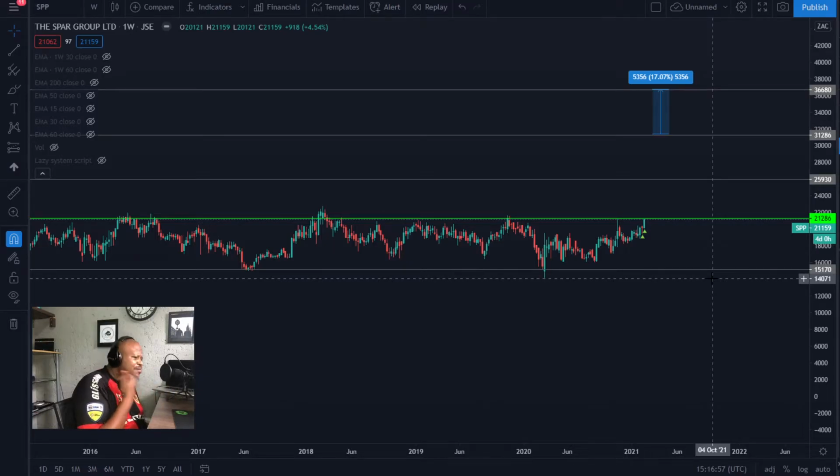And this is also in line with how I'm trading at the minute. My 60 and 30 week exponential moving averages are still a key component of my trading system. So I'm only going to take long positions on stocks that have the 60-week exponential moving average below the 30-week exponential moving average, and they're breaking to a higher box.